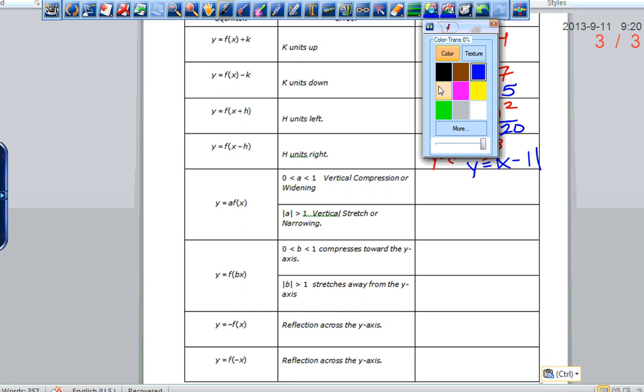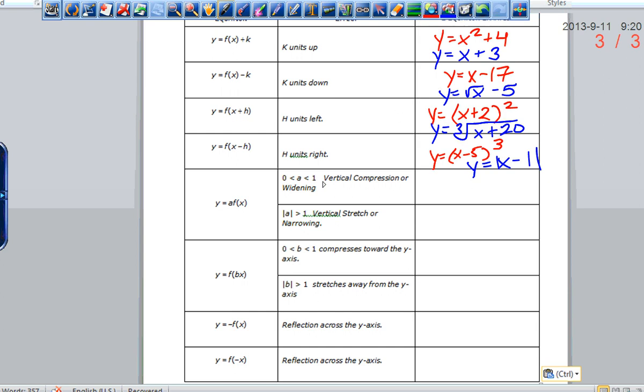Okay, vertical compression and stretching. So first one's compression. So y equals, and maybe 1/2 x squared? No, y equals, give me a fraction. We'll just do x, so third x.